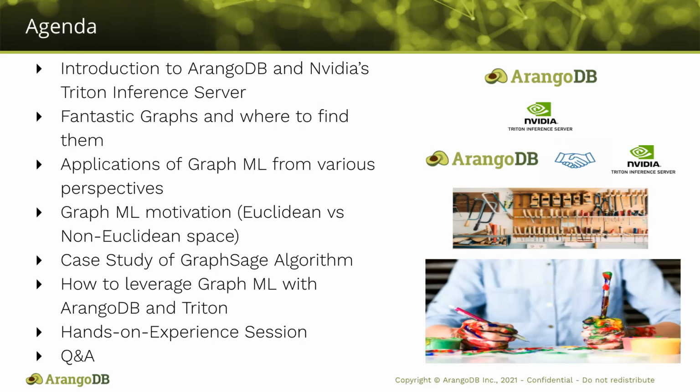Next, we will shed some light on Euclidean versus non-Euclidean space. Subsequently, we deep dive into a comprehensive case study of the GraphSAGE algorithm. At the end, everything will be concluded by the hands-on session where we will build a complete graph machine learning application, starting from training a model to deploying it on Triton server and then performing Amazon product recommendation with Arango database AQL query language.